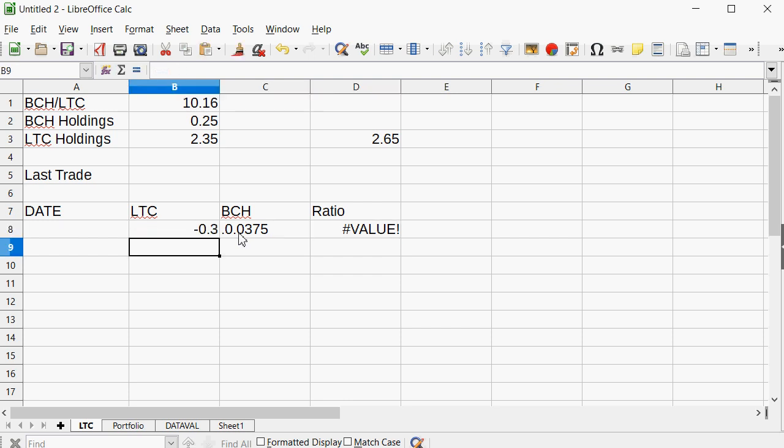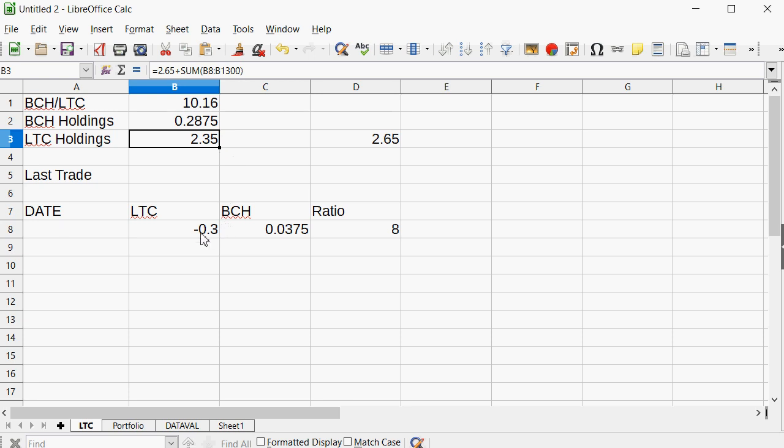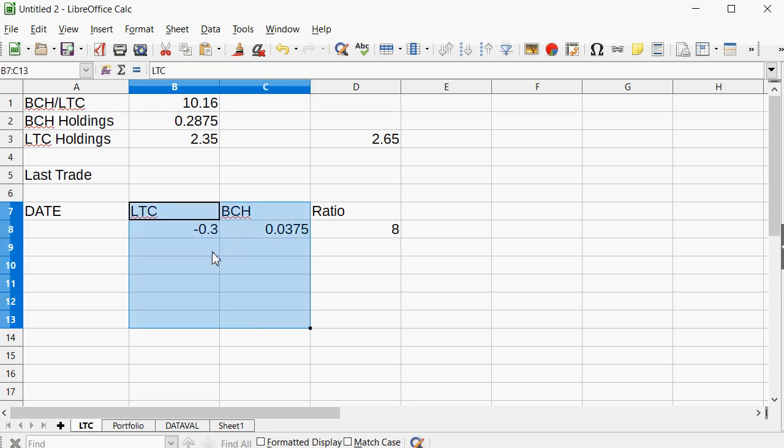Okay, I can see why it's maybe. Yep, so there we go. So you assume you make that trade. Now what would happen is my Bitcoin Cash is up to 0.2875 because I would have bought this. And my Litecoin holdings would go down. I'm just going to do some centering here.